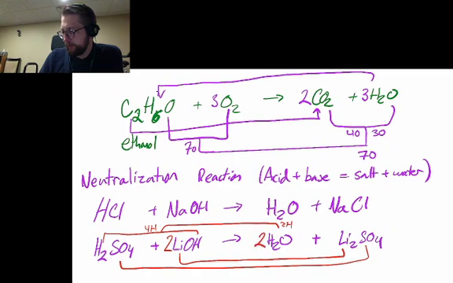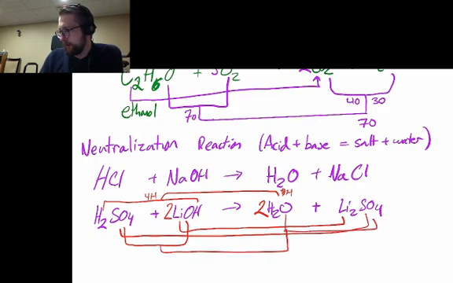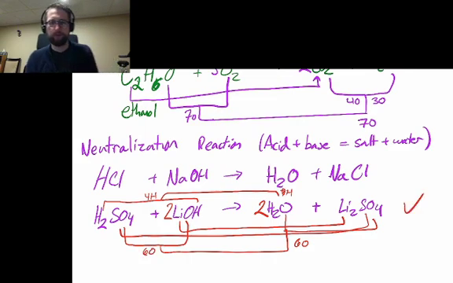So let's put a 2 in front. That gives me 4 hydrogens. And then let's do a last minute comparison of all of the oxygens, just because we haven't done them yet. And so I've got 2 and 4, that's 6 oxygen. 4 and 2 is 6 oxygen, so I am good to go.